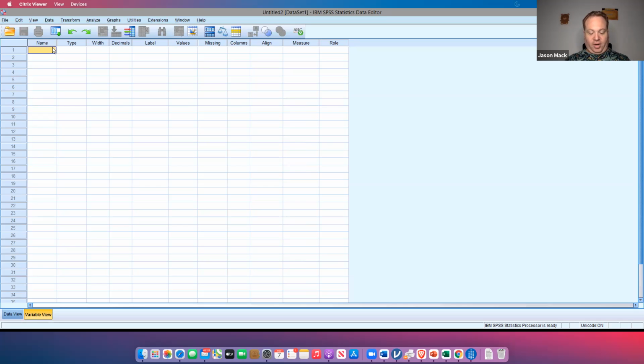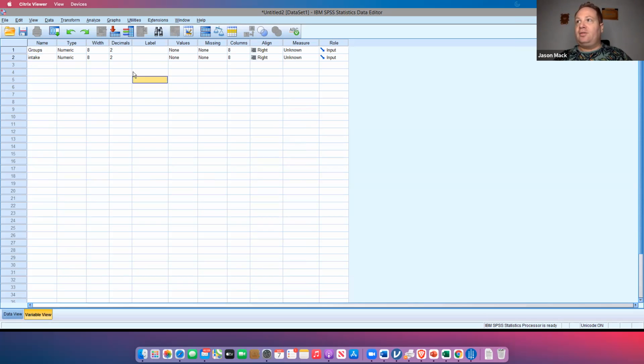In the second row, we're going to put intake. And we're going to make our decimal 0 also.